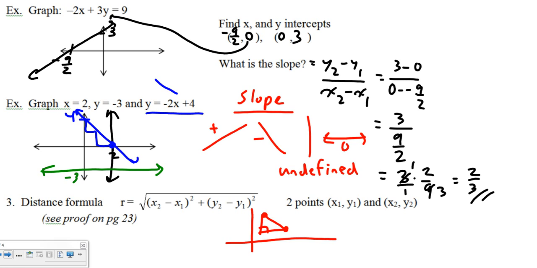sides. Your change in x's is actually that side right there. You're taking your x's and subtracting them to get that distance. Your change in y's is going to be this side. And therefore, you can see now that if this were r, it would be change in x's squared plus change in y squared equals r squared.